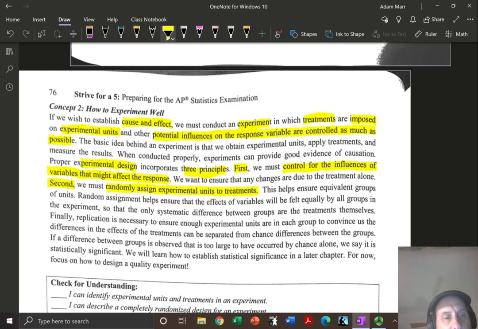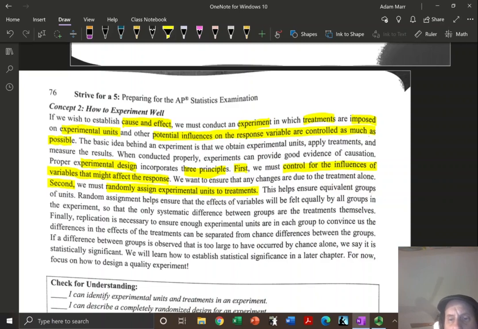This helps ensure equivalent groups of units. Random assignment helps ensure that the effects of variables will be felt equally by all groups in the experiment, so that the only systematic difference between groups are the treatments themselves.